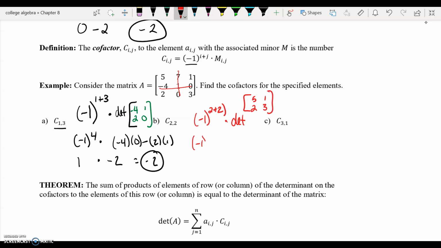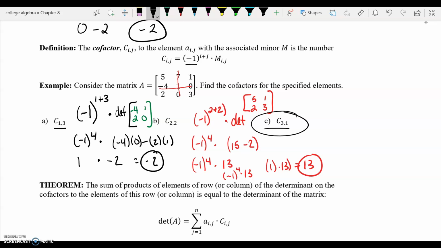So this would be -1 to the 4th times, that's going to be 13 because it's 5 times 3 minus 2. I'll just go ahead and do this one with you guys. So it'd be -1 to the 4th times 13, which would be 1 times 13, which would be 13. As extra practice, I want you guys to do this one right here. I'll throw a question in the video.